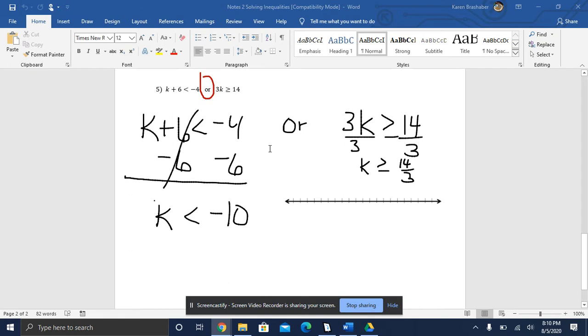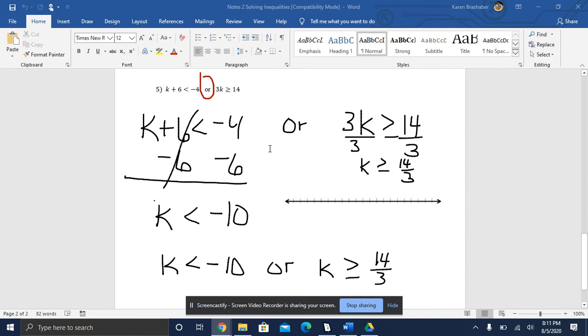Now, if all you have to do is type in your solution, you would type in k is less than -10. There'll probably be some way for you to select the word or, and then k is greater than or equal to the fraction 14 over 3. But in order to graph something like this, we're going to need to probably have a decimal approximation for 14 over 3.